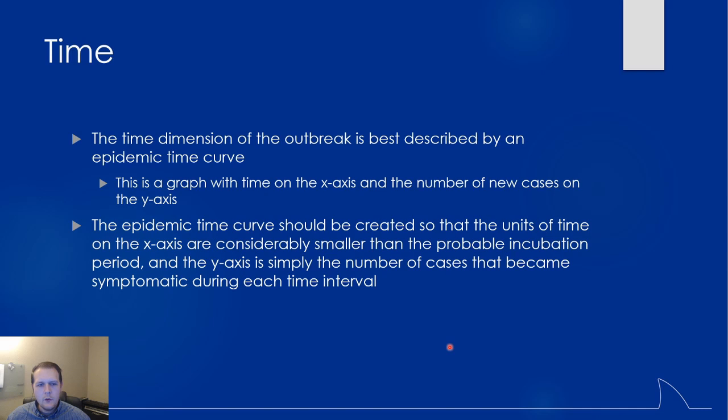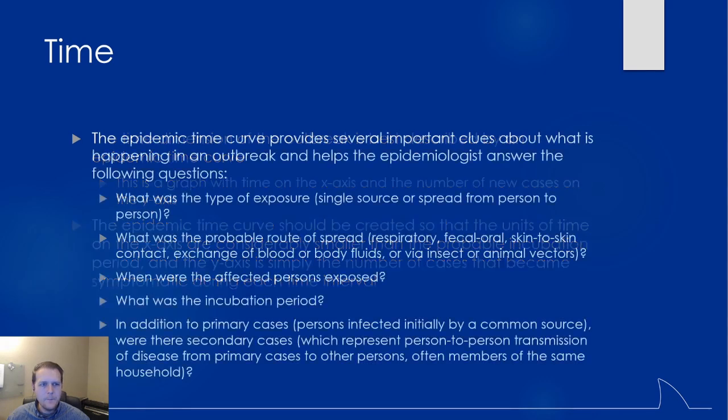We create these epidemic time curves such that the units of time are a lot smaller than what we would consider to be the probable incubation time for the disease itself, right? And the y-axis, as I mentioned, is the number of cases that become symptomatic during each time interval. The point here is you can get a very good view of how the disease is evolving based off the new incident cases that are coming up.